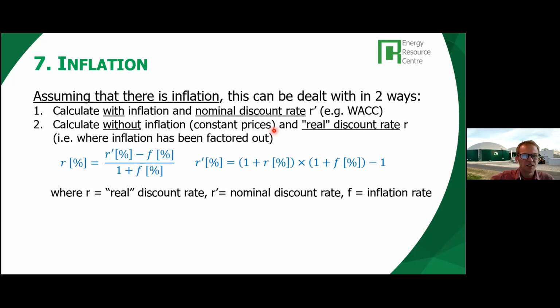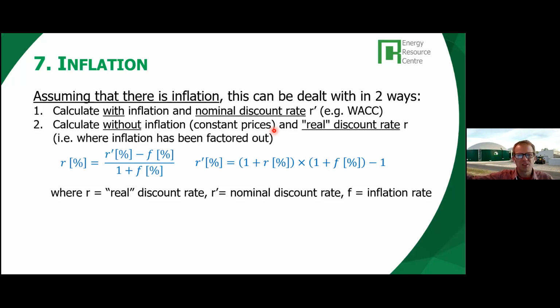That means that the discount rate that we would use to value those future cash flows to today's value is actually higher, because they're not subject to inflation, because that's what we factored out.